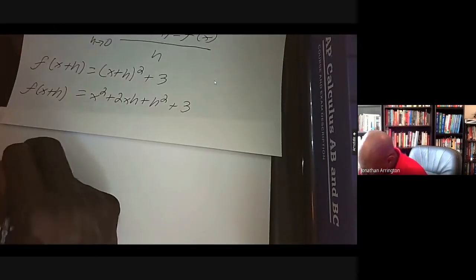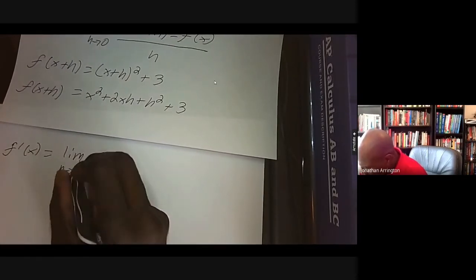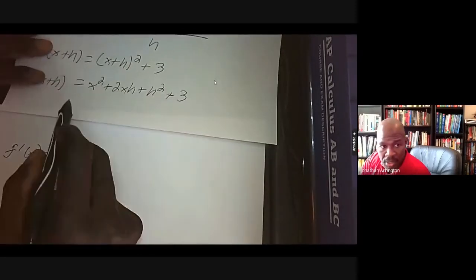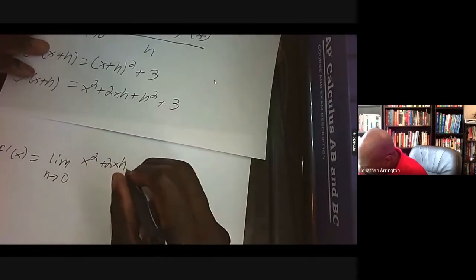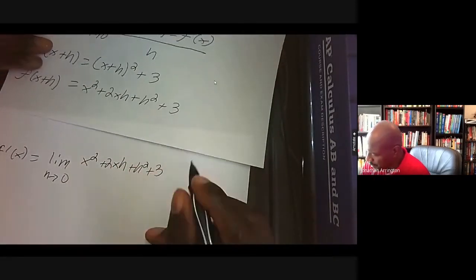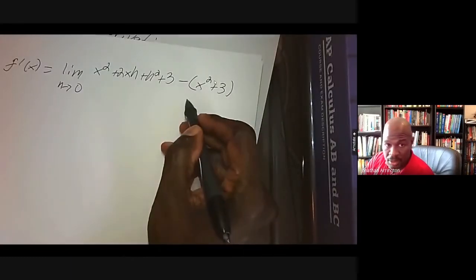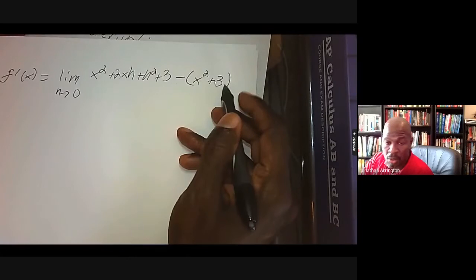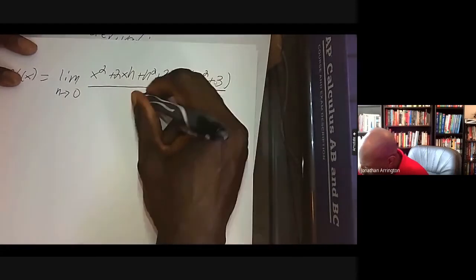So f prime of x is the limit as h goes to 0 of f of x plus h, so x squared plus 2xh plus h squared plus 3, minus f of x, minus (x squared plus 3). And notice we put f of x in parentheses, so the minus sign gets distributed to all the terms of f of x. That's pretty important. And of course, over h.